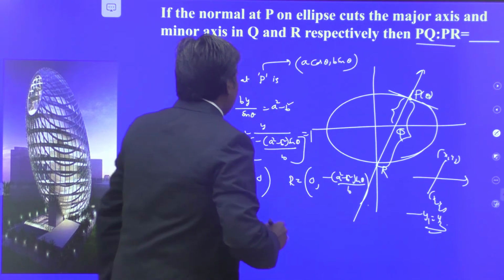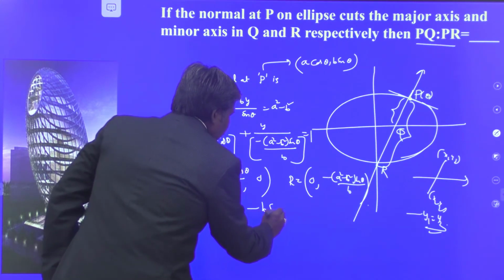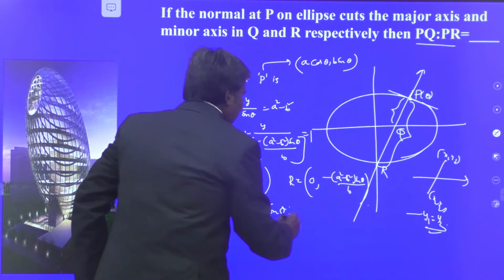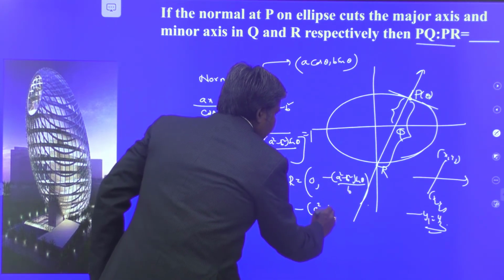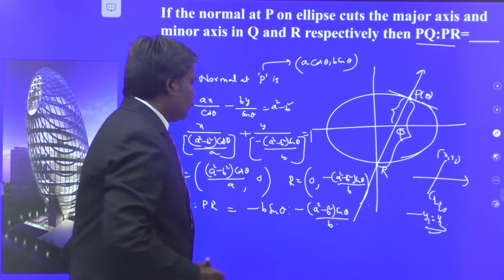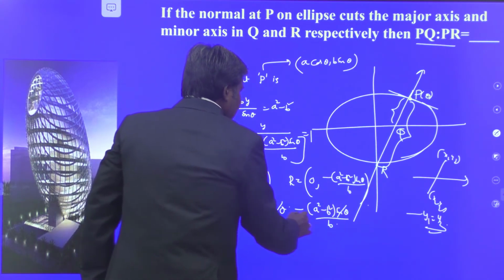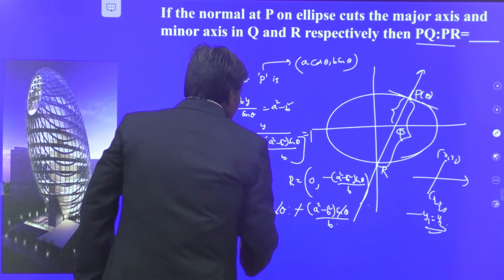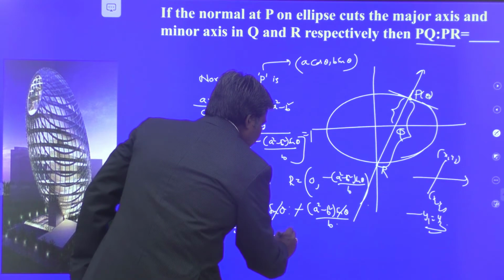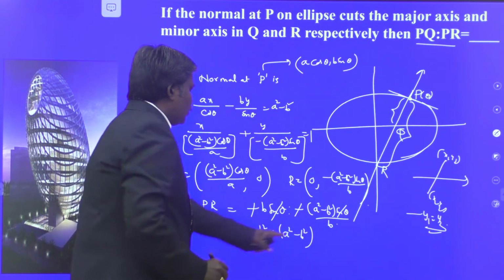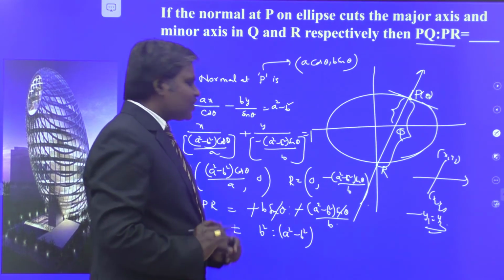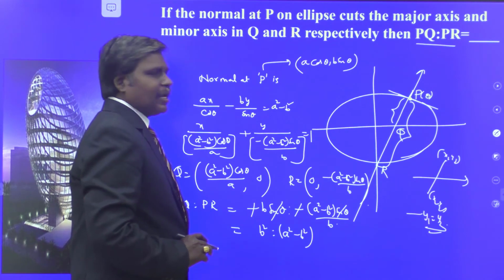So minus y1 means minus B sin theta, is to y2, the y coordinate of R, that is minus (a square minus b square) sin theta by b. You can cancel out sin theta and cross multiply that b here. The ratio is b square is to a square minus b square. Don't take that minus b square to the right side, that is not possible. B square is to a square minus b square. This is PQ is to QR.